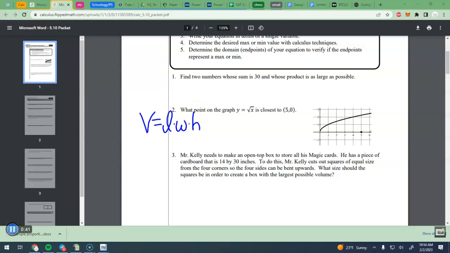Well, I just took a box and this is 14, this is 30, but then I cut a square x by x from every corner. So what I have now is more like that.